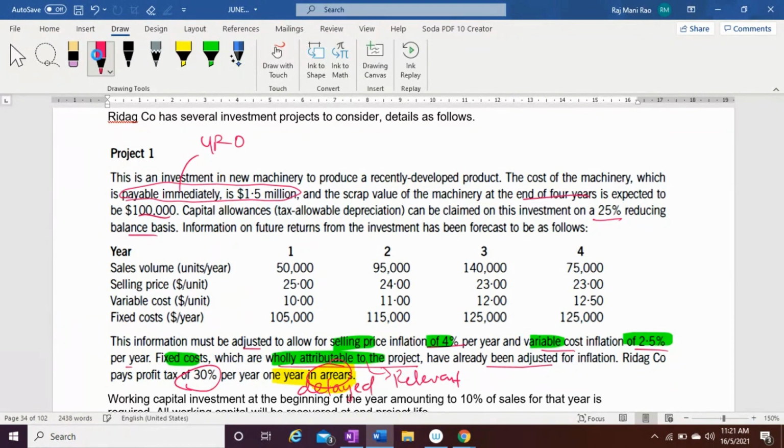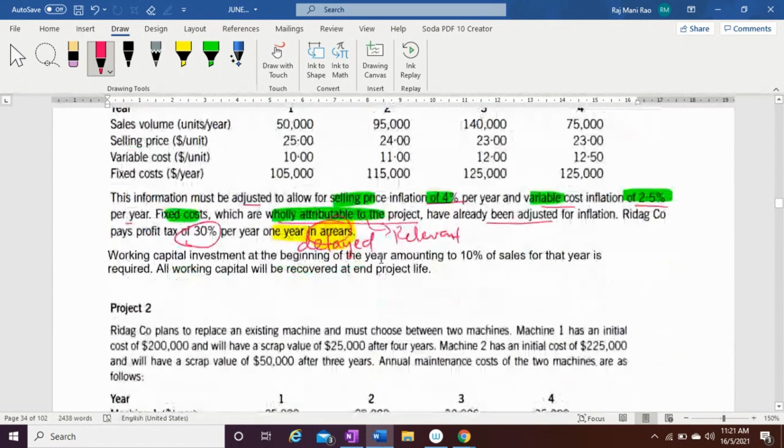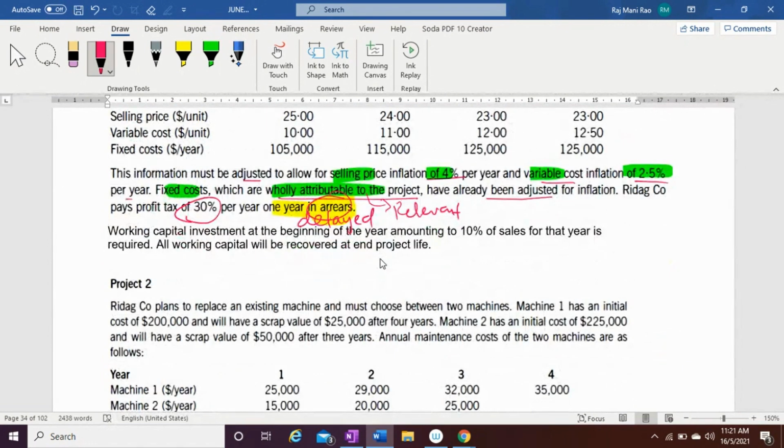Yes, arrears means it is delayed. A working capital investment at the beginning of each year, amounting to 10% of that year's sales, is required. All working capital will be recovered at the end of the project.